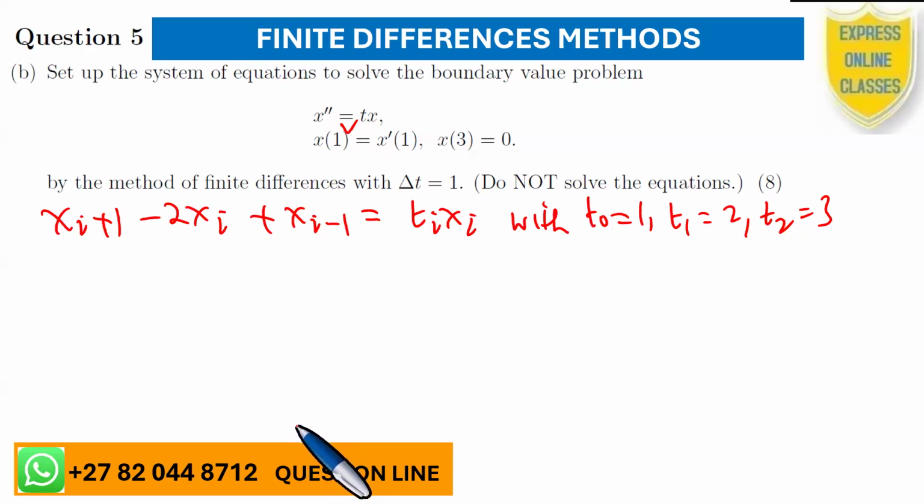So at this point, we will have exactly the following.